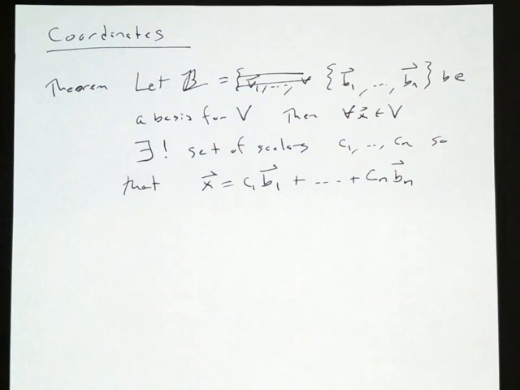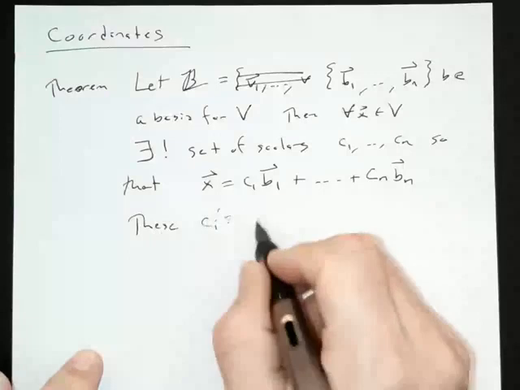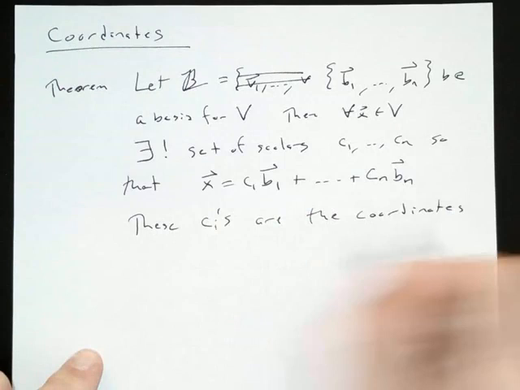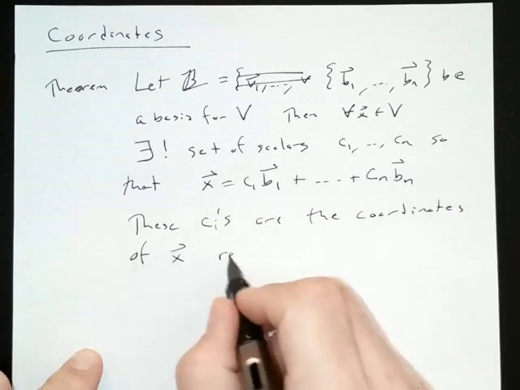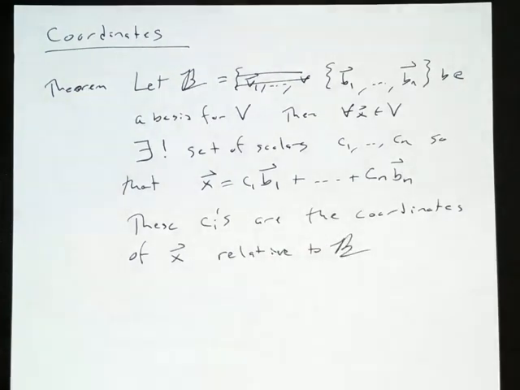So when I say that I'm giving you a particular vector, and we write down a set of numbers, what I'm really writing is the set of coordinates relative to a known basis. And these scalars are the coordinates relative to that basis.